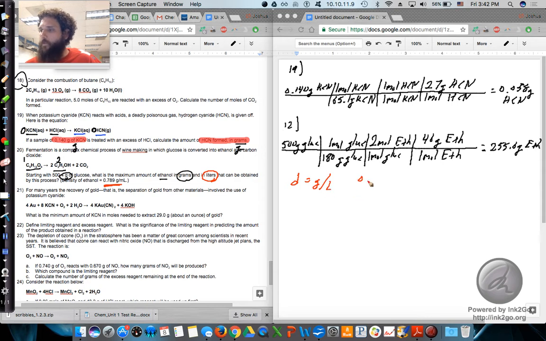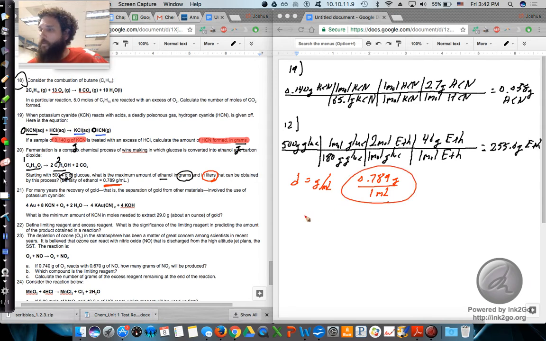So we have 0.789 grams per 1 milliliter. So this becomes a simple conversion factor that we can use. So we can start out with the 255.6 grams of the ethanol and then use this to convert it.